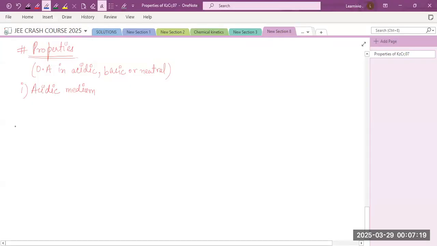So in acidic medium, it oxidizes ferrous salt to ferric salt. Like KMnO4 plus ferrous sulfate, it oxidizes ferrous sulfate to ferric sulfate.